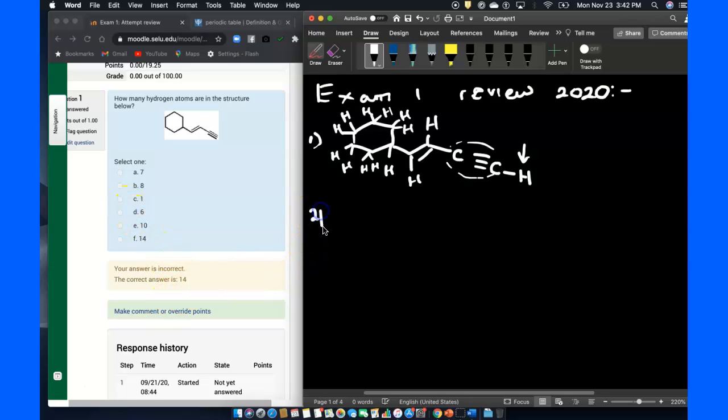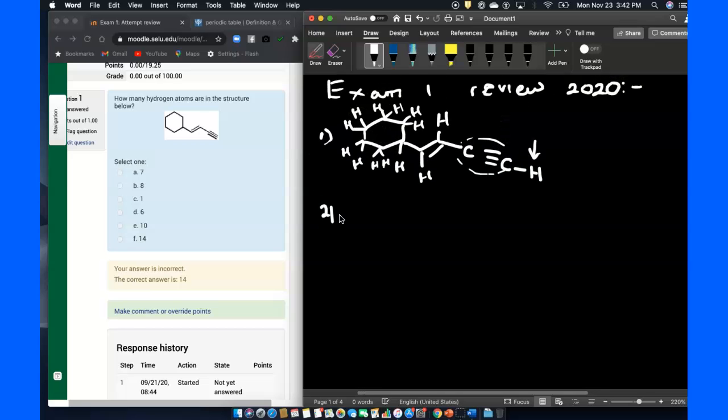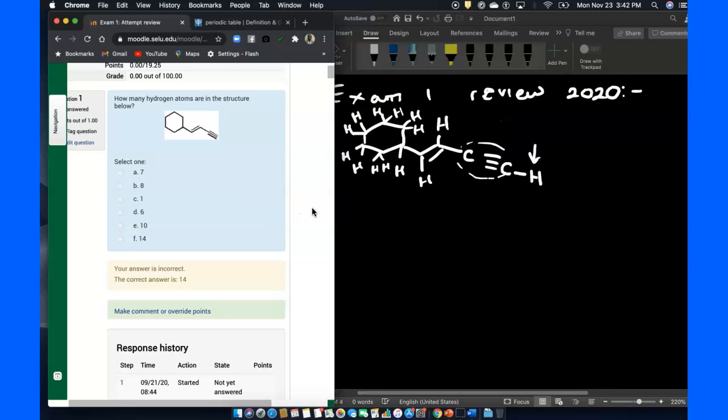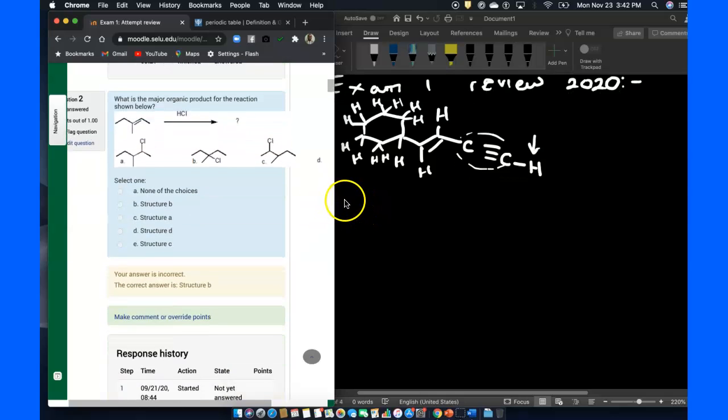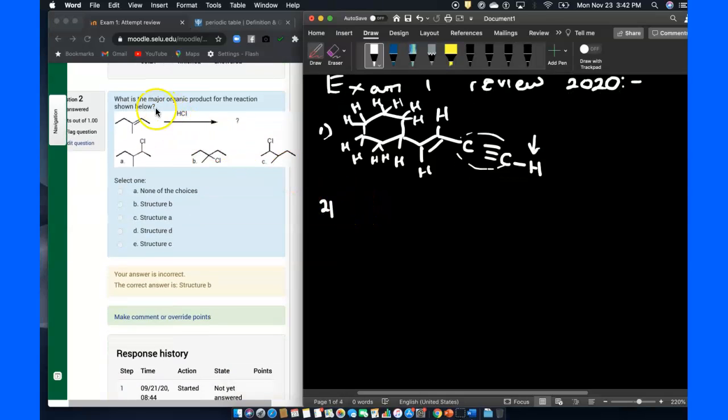Let's look at question 2. What is the major organic product of the reaction below? The key term here is Markovnikov addition. So the H goes where there is more across the double bond, which is this place.